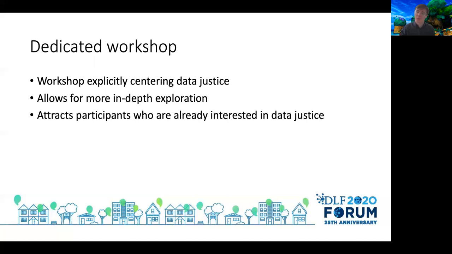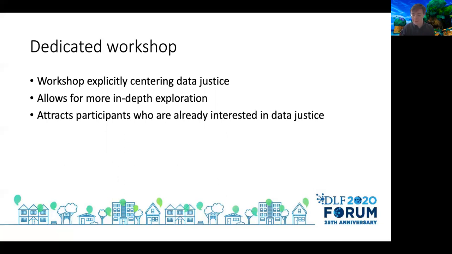So teaching a dedicated workshop is one of your options, and it certainly has its benefits. It allows for more in-depth exploration of concepts and skills. You could teach a workshop on, for example, data justice and data visualization, or on some of the ethical considerations of cleaning data. One thing to consider, however, is that these kinds of workshops are going to attract participants who are already interested in what you're covering.